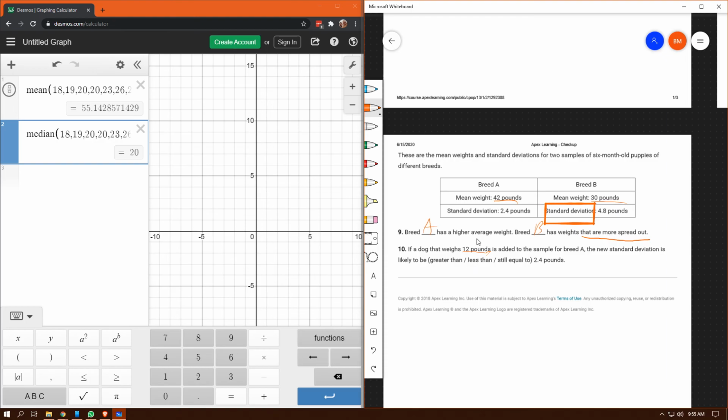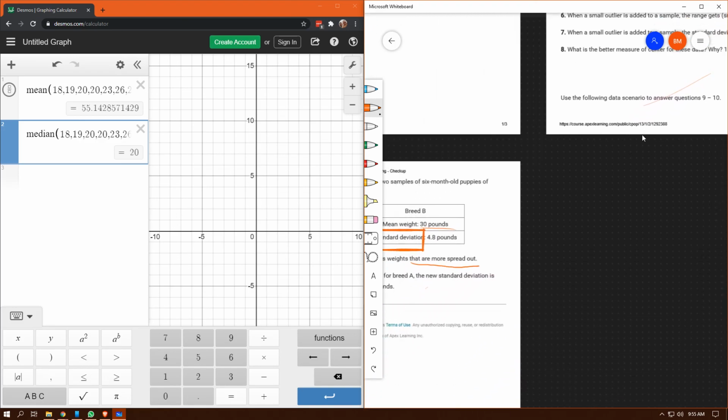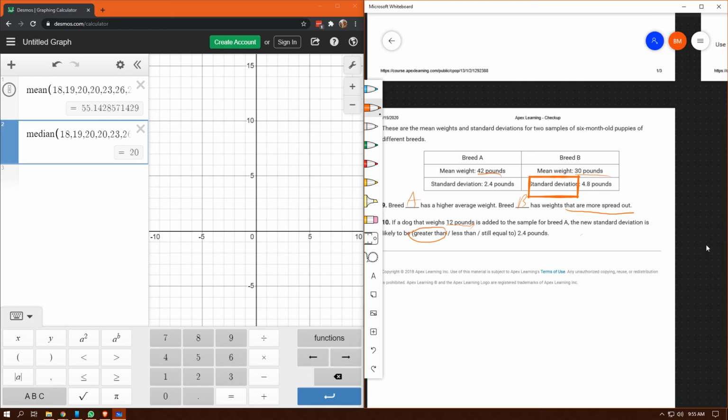Maybe it's not an outlier, but we're adding a small weight. The new standard deviation is likely to be greater than 2.4, right? And that goes back to when we add a small outlier, the standard deviation gets larger. We added a small outlier, so it's got to be greater than.